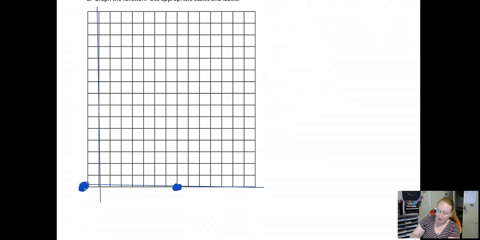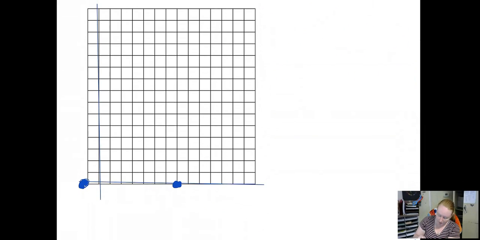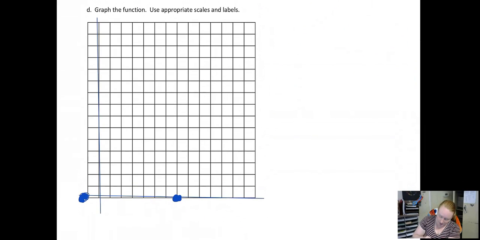My y-intercept was at 112, so I'm going to go 10, 20, 30, 40, 50, 60, 70, 80, 90, 100, 110, 112. So that is going to be about where my point goes.